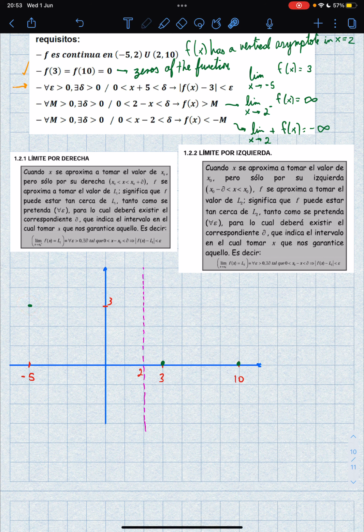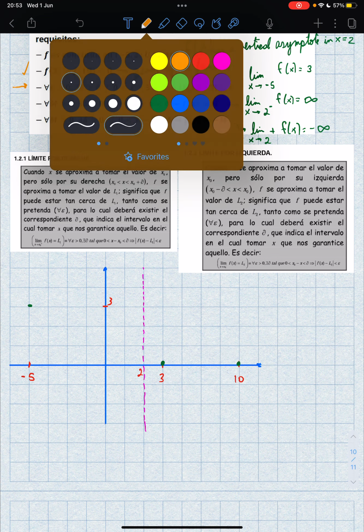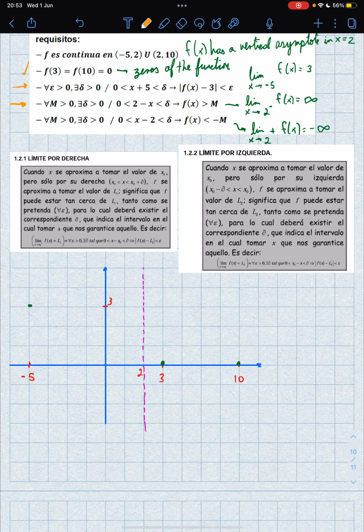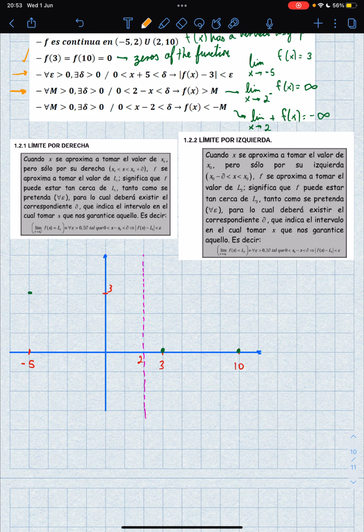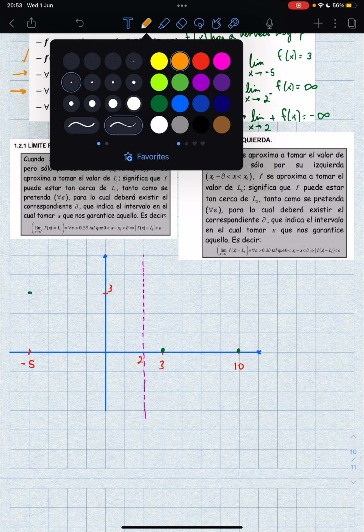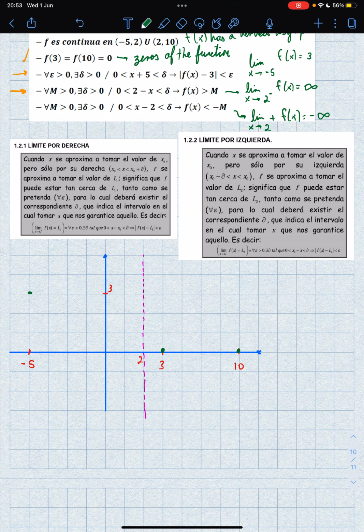Okay, good. Now we need to go to this requisite. It says that when it goes to 2 from the left, it goes to infinite. That means it needs to be like over here, way up here.